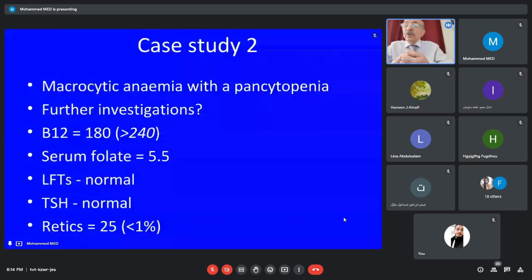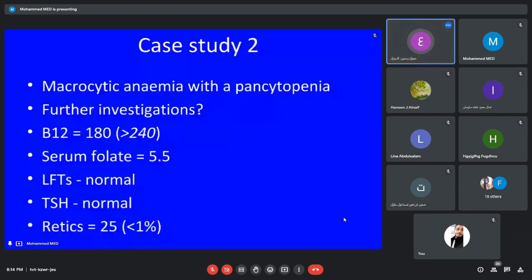So this is macrocytic anemia with pancytopenia. Further investigation, check the blood. Here in this part, is A. So it is within normal, the stimulating hormone is normal.